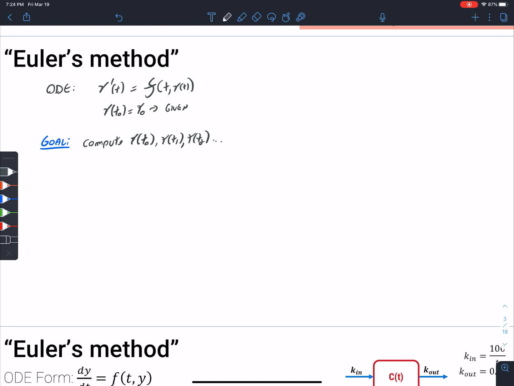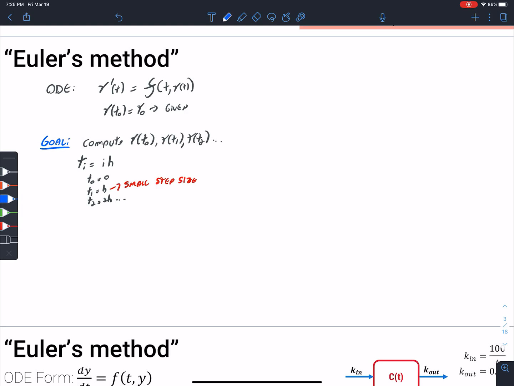For example, we can determine that ti will be i times h. So in this case, t0 would be 0, t1 would be h, t2 would be 2h, and so on. So we can choose a small step size, which we call h, which will be fixed for now. Later we'll look at other things.